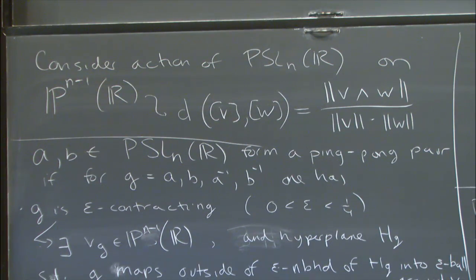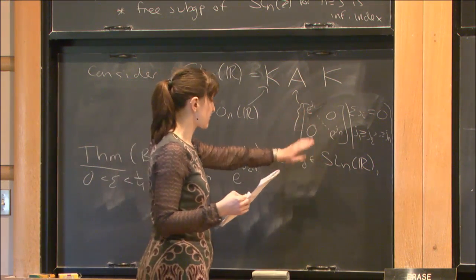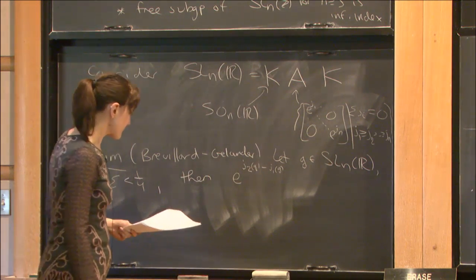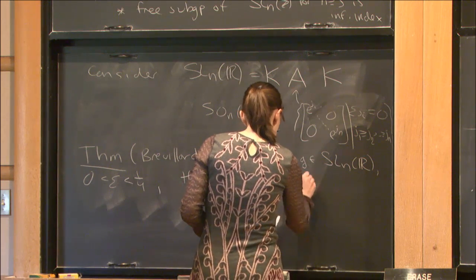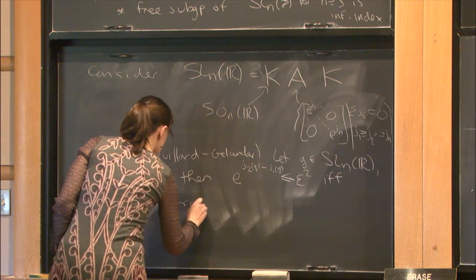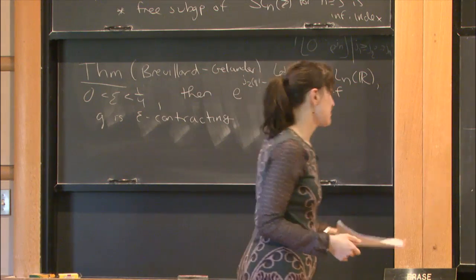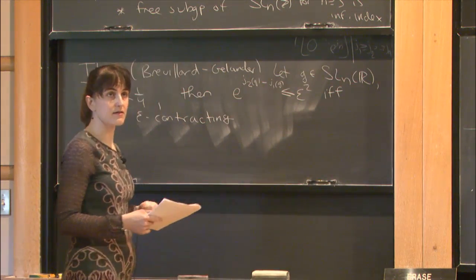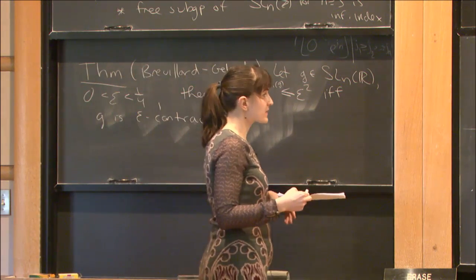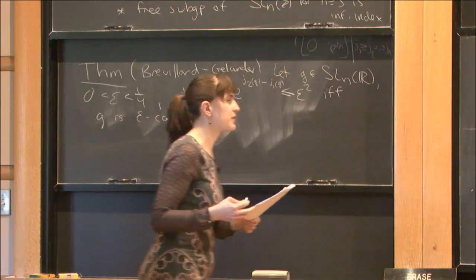If you look at e^j2 of G, so that's the second entry in this diagonal matrix when you write this down for G, minus j1 of G, so this is the ratio between the top two singular values, this is less than or equal to epsilon squared if and only if G is epsilon contracting. Okay, so to check if this is epsilon contracting in this sense, you just look at the ratio between the top two singular values.